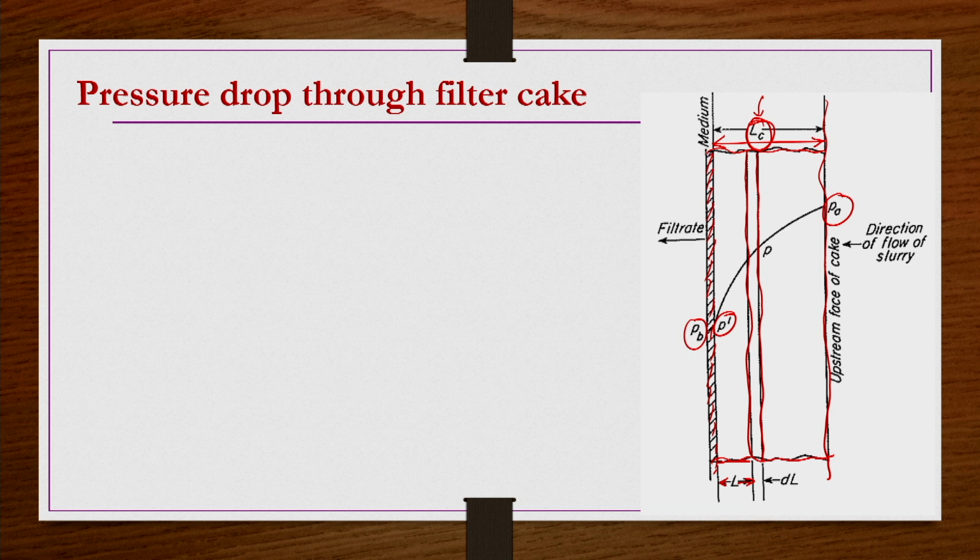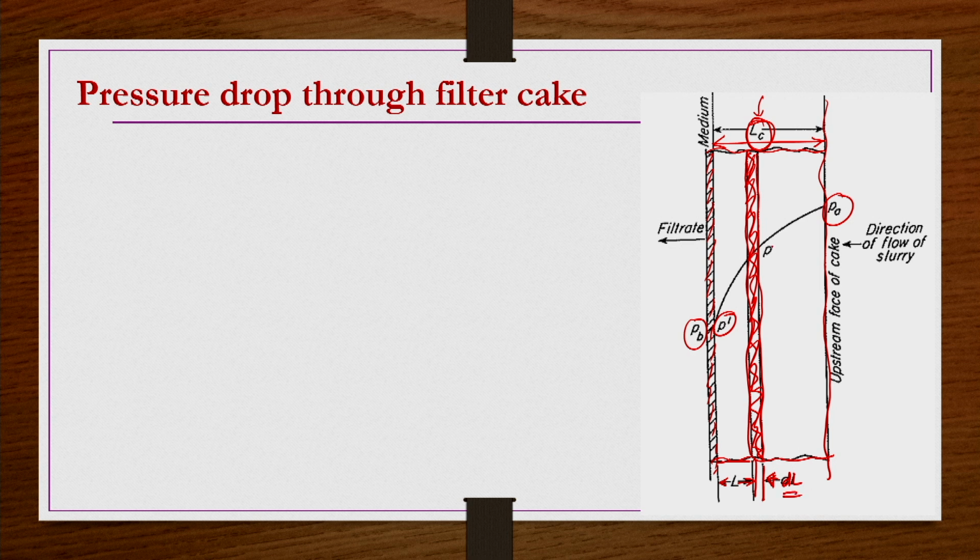Lc is initially 0 at the filter medium, and as time increases Lc gradually increases from the filter medium side towards the slurry side, as particles are deposited. At location L within this cake you take a thin layer of the cake that has formed, whose thickness is dl.